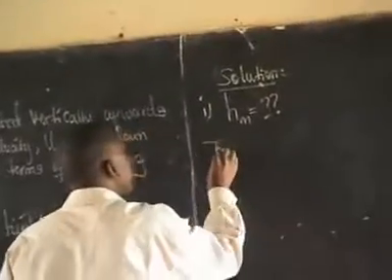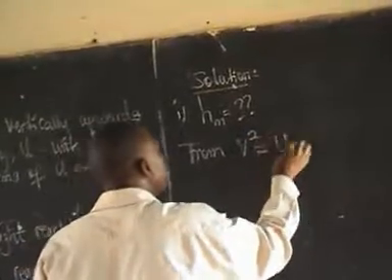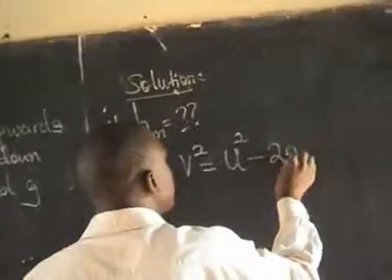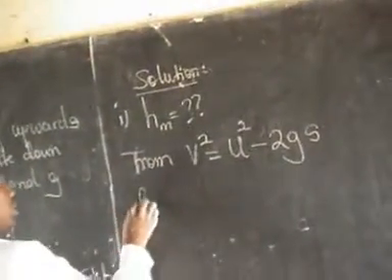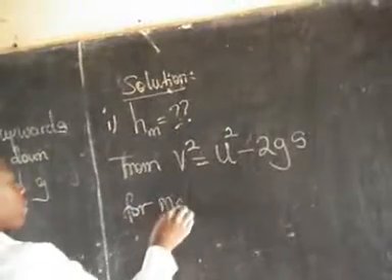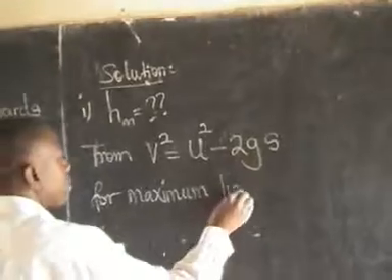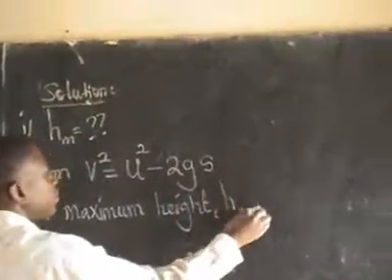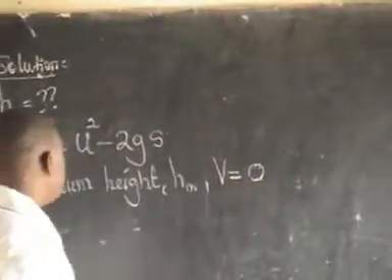So from v squared is equal to u squared minus 2gs, for maximum height, v must be equal to 0.